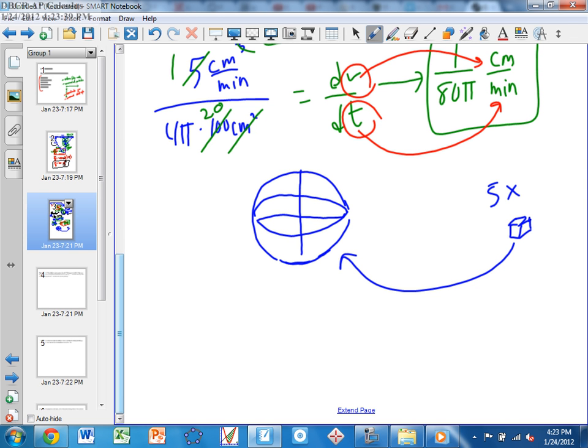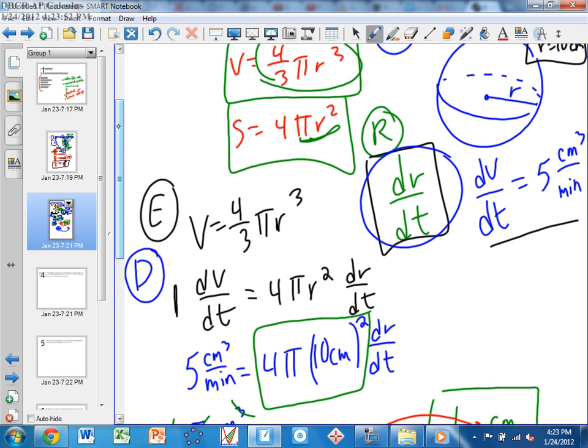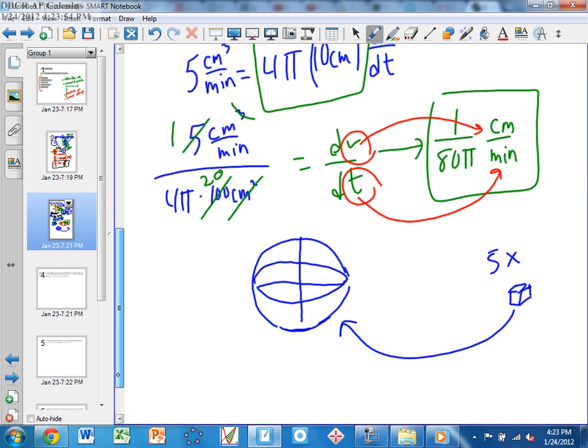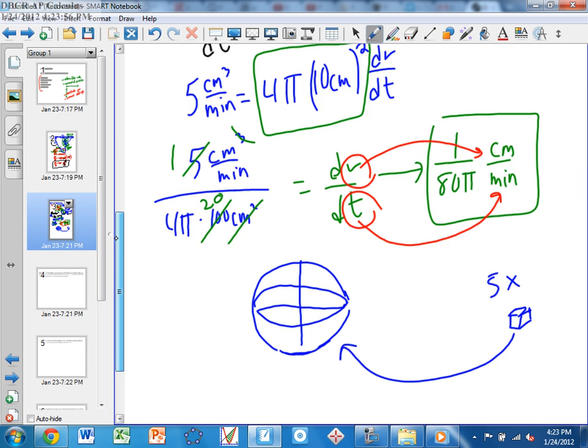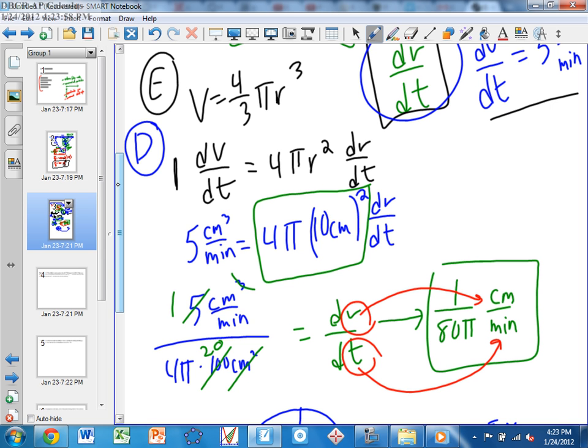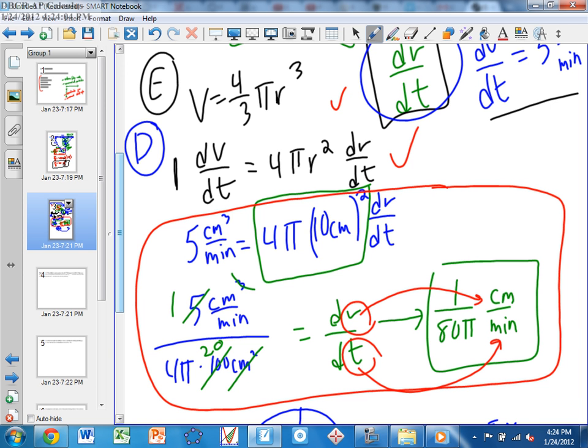On the AP, and this is what I went over for those who were not here earlier, if you have the wrong units in the AP exam, you don't get any credit. You get credit for like the first, remember I talked about the first statement? So you would probably get credit for your setup. But that last point is worth 1 point. All the setup is up until here: the equation and then the differentiation. From here down is pretty much all worth 1 point, doing all the math and solving.